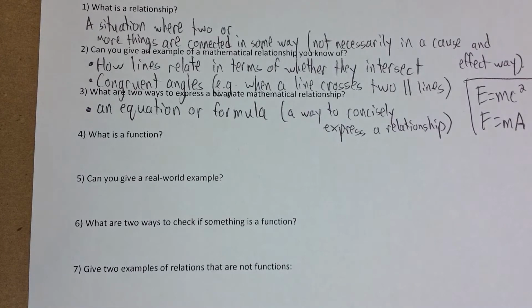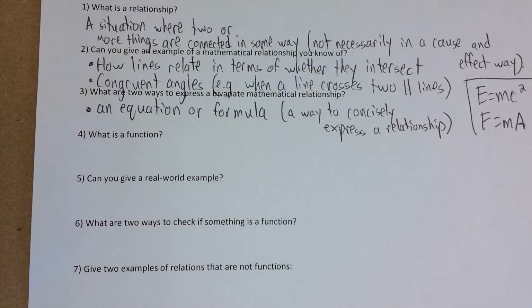Think about when you were learning how to graph points. Inequality. Before that, how do we express points? Coordinates, ordered pairs. So that's another way to express a mathematical relationship. It's not a concise way, especially if you have a lot of points.